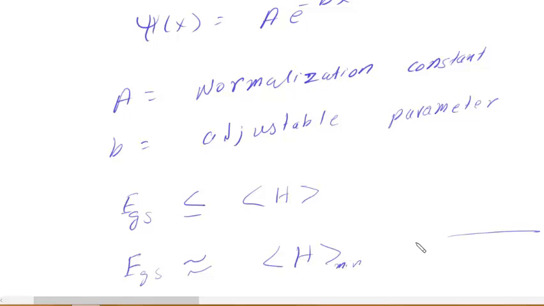Let's say here the ground state energy is this. Then if we take the minimum of this Hamiltonian, we will get very close to this ground state. And the other one is here, but this is the minimum, so we will get this energy rather than that.